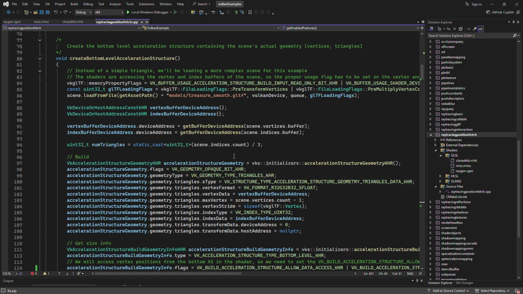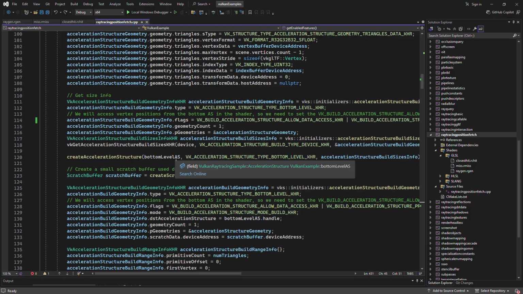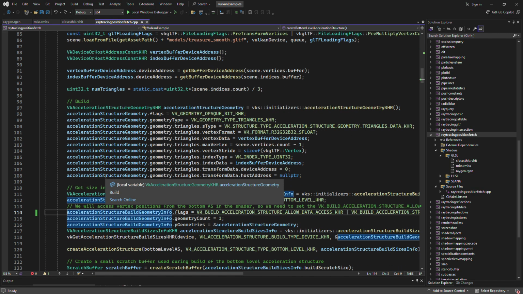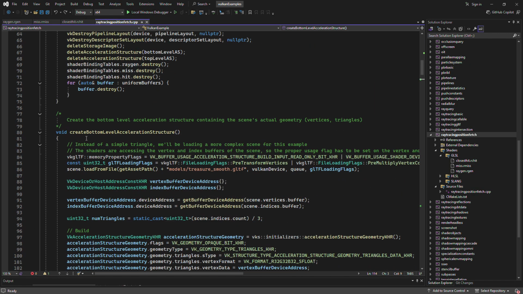The most important piece is this guy here: in the create bottom level acceleration structure function, we create the bottom level acceleration structure containing the scene's actual geometry.